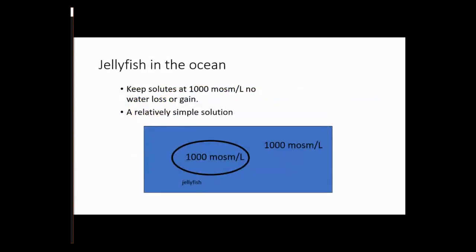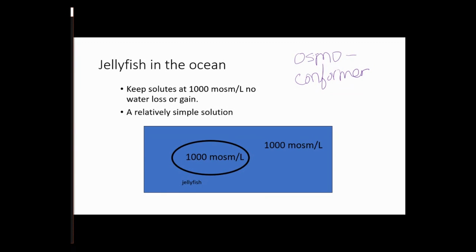So let's start by looking at osmoconformers. If we think about the example that we started with, I've gotten very lazy with what my organisms are. Inside my bubble is an imaginary hypothetical organism. So let's say that's a jellyfish, and this is an osmoconformer. This is an organism that's just going to let the environment take over its life.